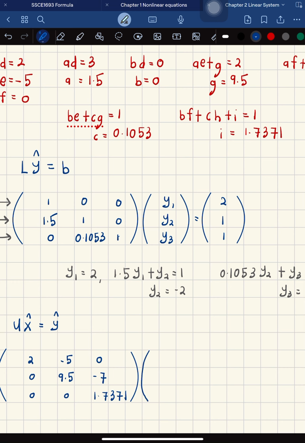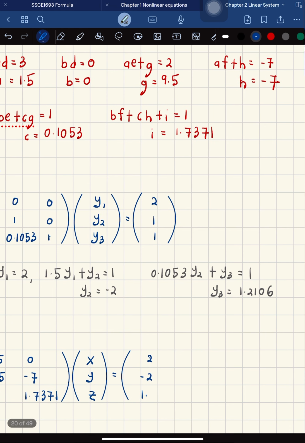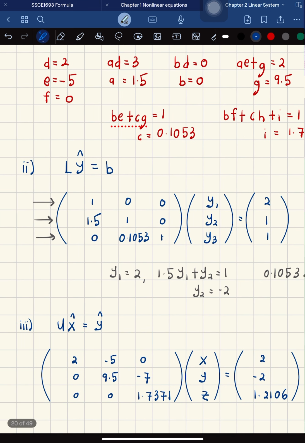So we want to find X, Y, and Z equal to Y. So Y1 is equal to 2, negative 2, 1.2106. Okay, so you can solve this equation.